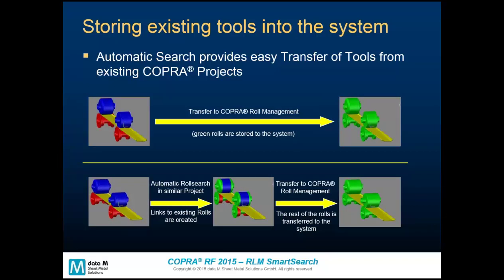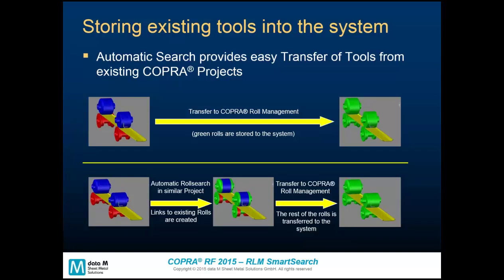So you can see once the role is transferred to the COPRA role management facility, the roles are turned green to show that they are stored in the system for later use. So then when we complete an automatic role search in a similar project, the link is created, and then you can see here that the green roles being used from another project are highlighted in our design.